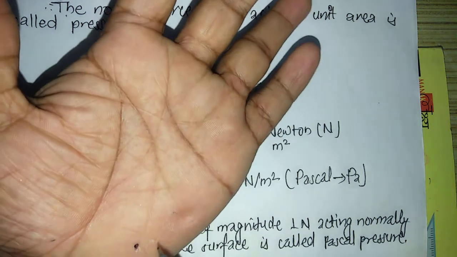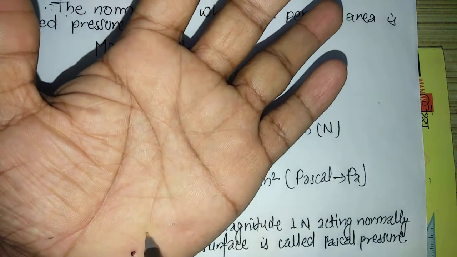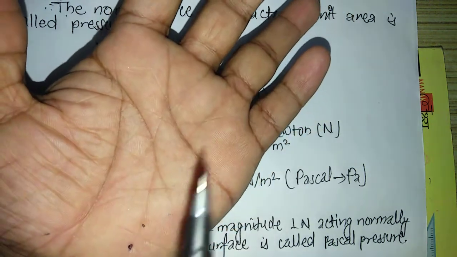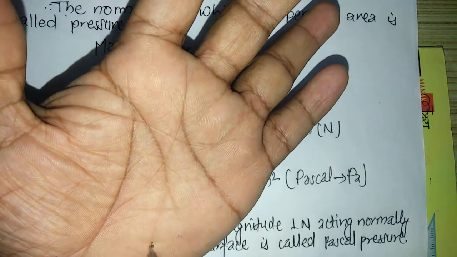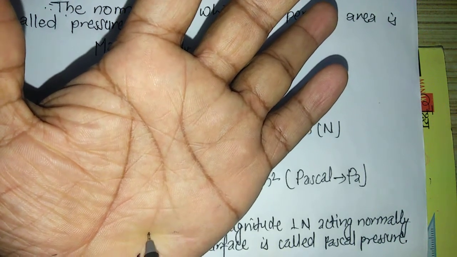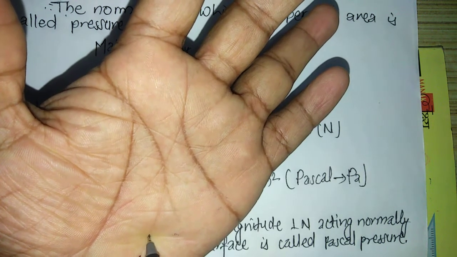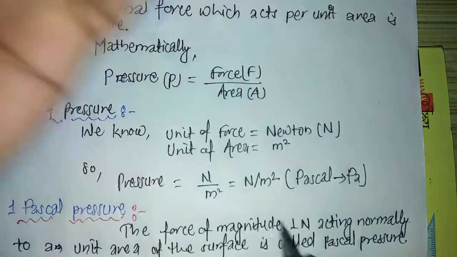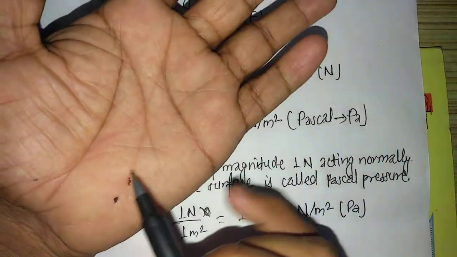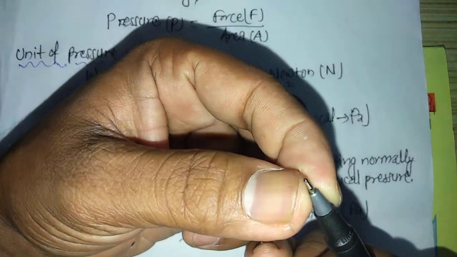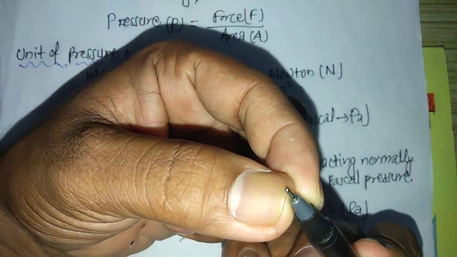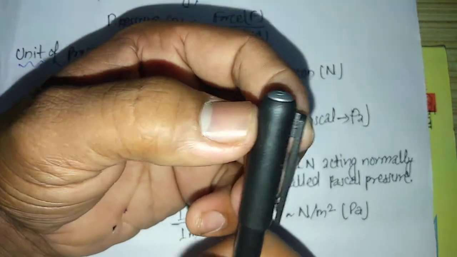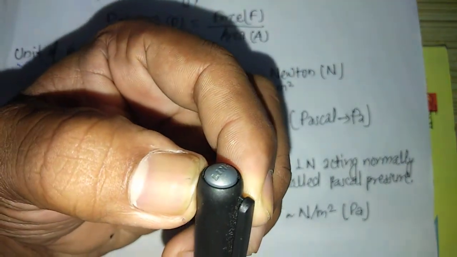But when you exert force from this metal end, you feel more hurt. So what did we get from here? The smaller the area, the larger the pressure, and the larger the area, the smaller the pressure.